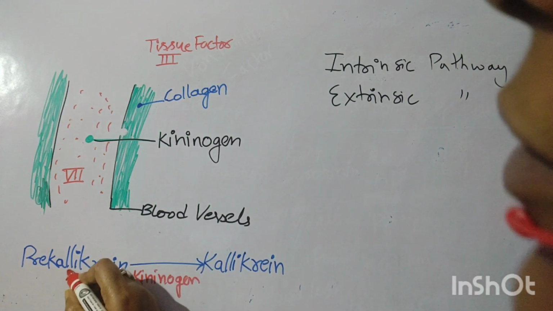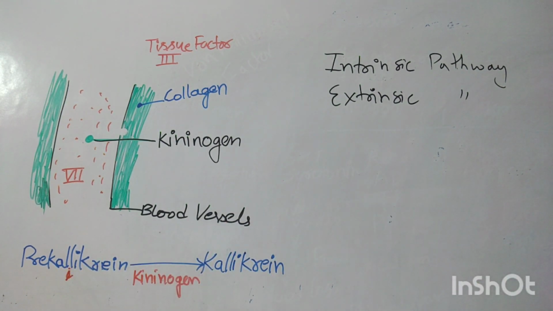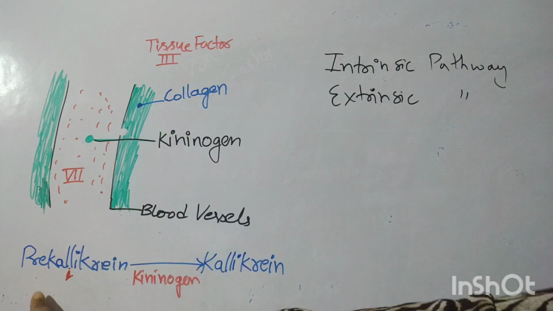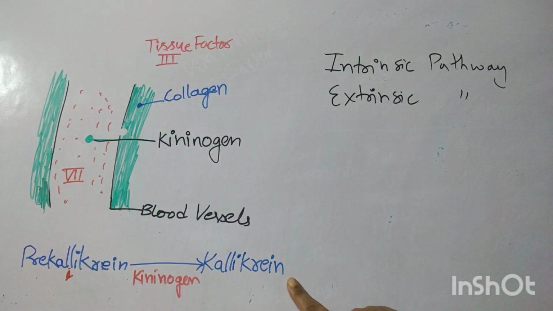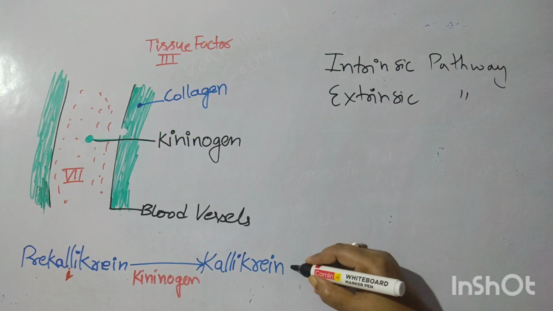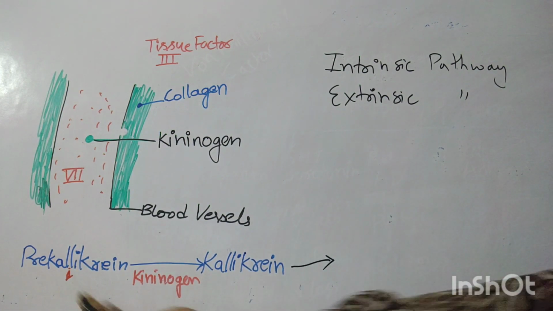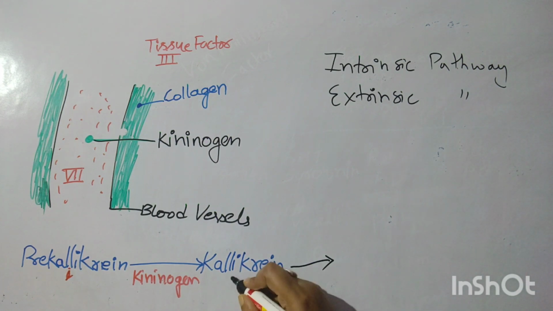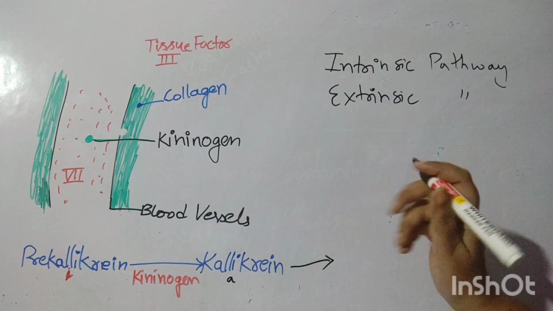Then this kininogen comes in contact with prekallikrein and forms kallikrein. Here prekallikrein was inactive, here kallikrein is activated.